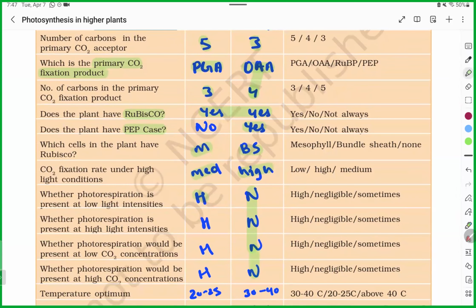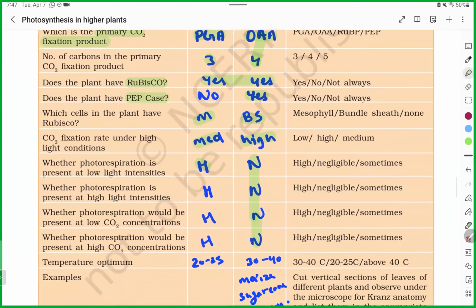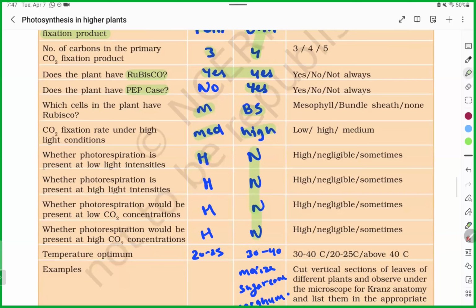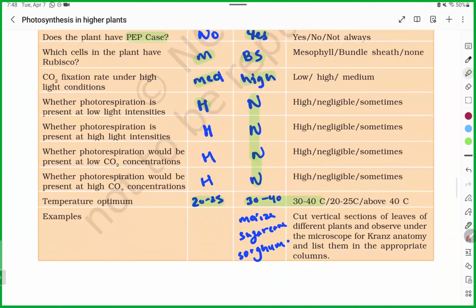Understood? No photorespiration in C4, as simple as that. C4 plant can tolerate high temperature, 30 to 40 degrees Celsius. C3 plant can tolerate less, 20 to 25. That's why C4 plant can exist in tough situations.